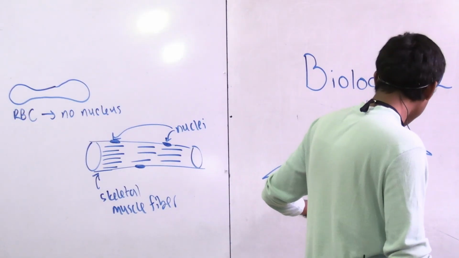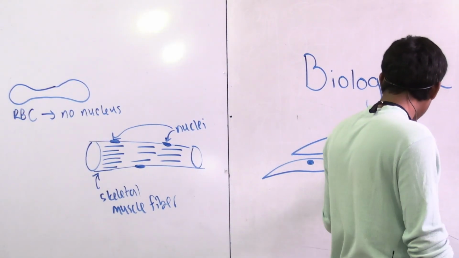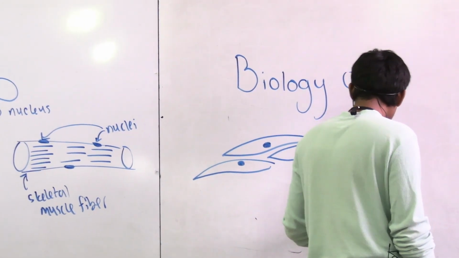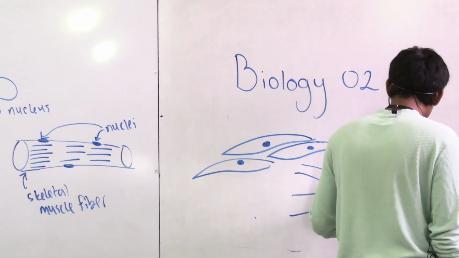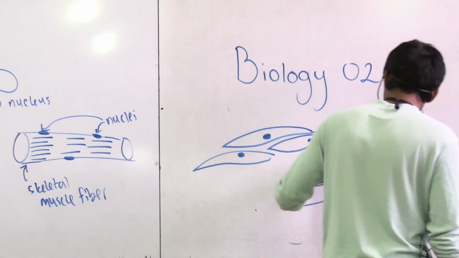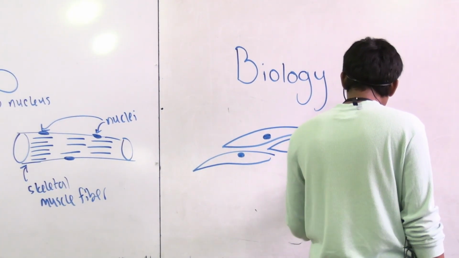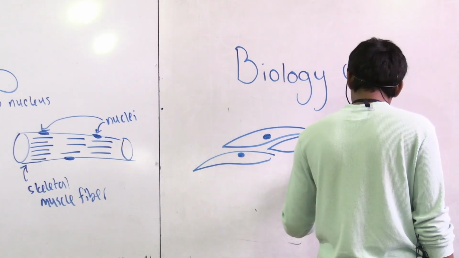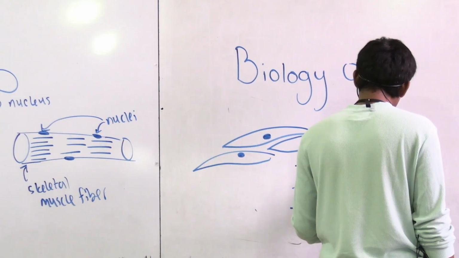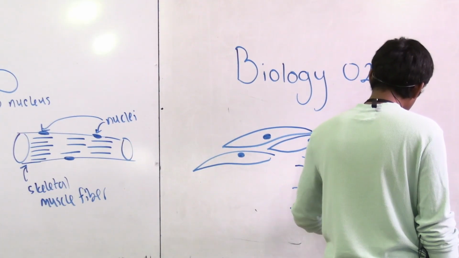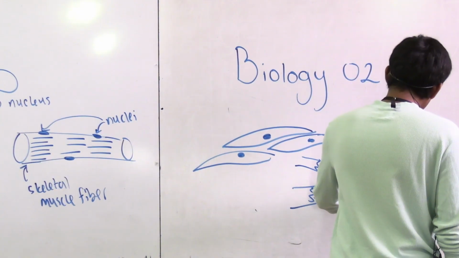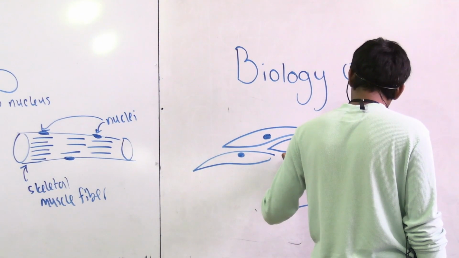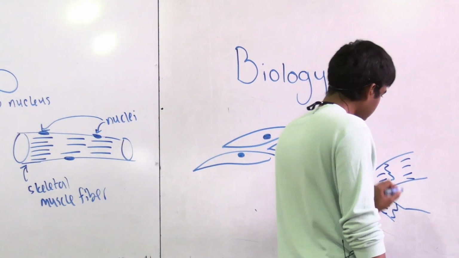In C, we can see branched striated cells. They're striated as well, and also they are uninucleated. So these are cardiac muscle cells.